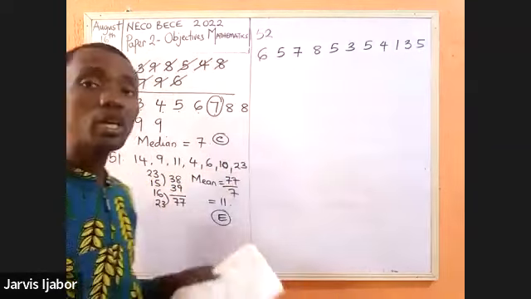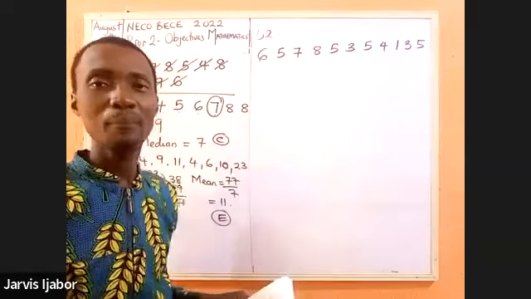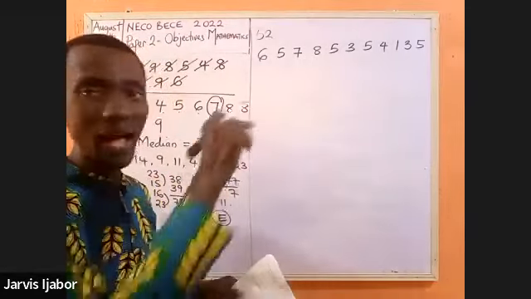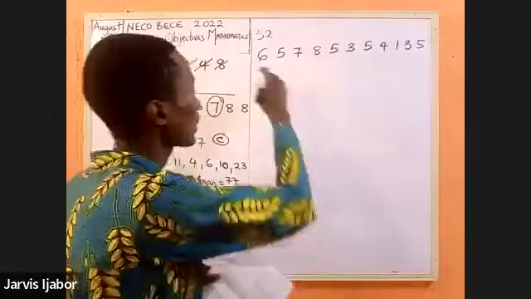Now, we're looking for the median. Because we're looking for the median, we need to order the arrangement. So how do you do that? Well, look at this.